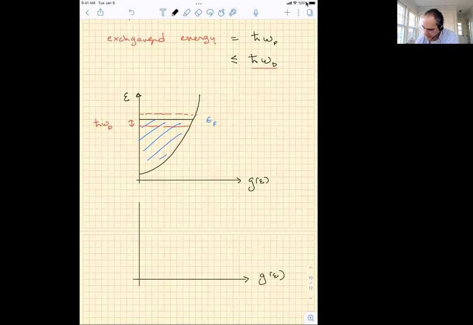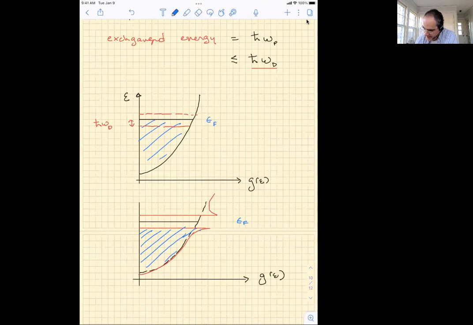And as a result of the interaction, the density of states is reformed to show a gap. We drew this picture last time, but it results from this pairing interaction.